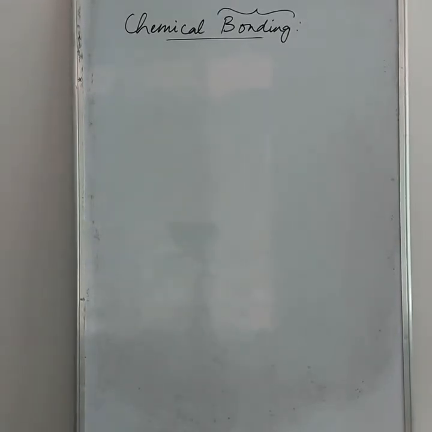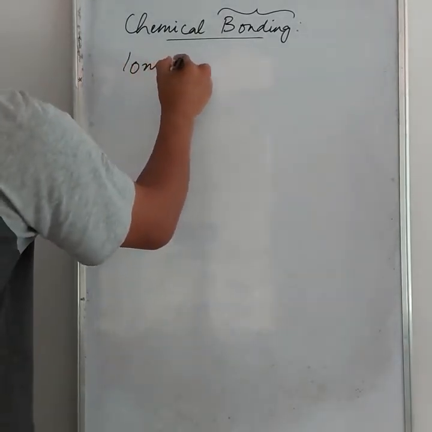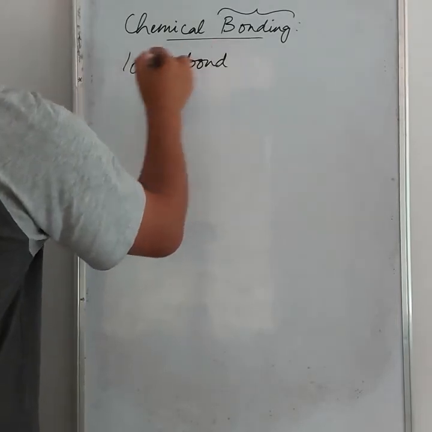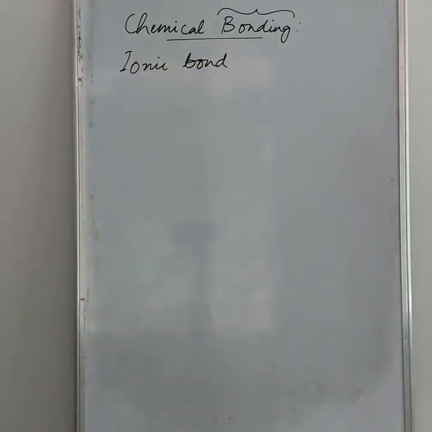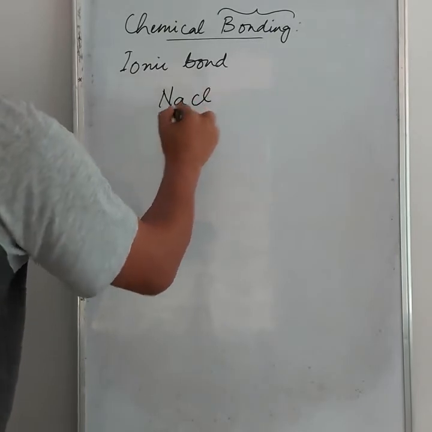So let's move on to ionic bond. What are ionic bonds? There are different types of bonds, like the covalent bond, the ionic bond, and so on. Metal-metal bond is also there. So, what are ionic bonds? These ionic bonds are formed as a result of transfer of charges. Suppose when we say sodium chloride, a common salt.